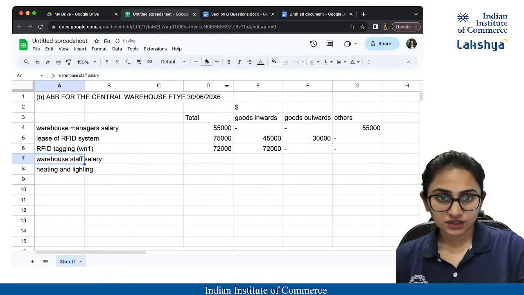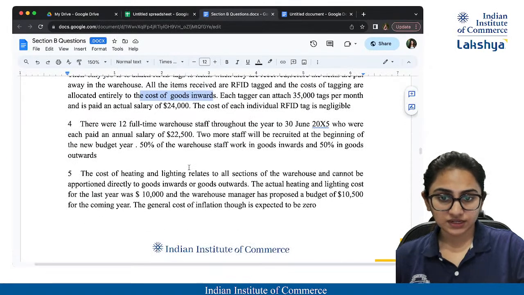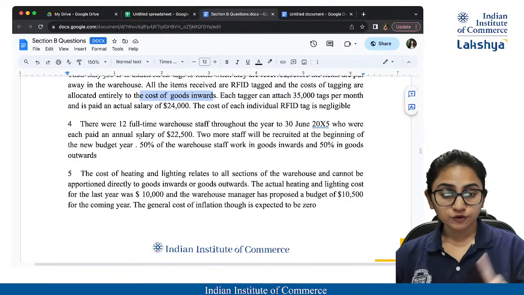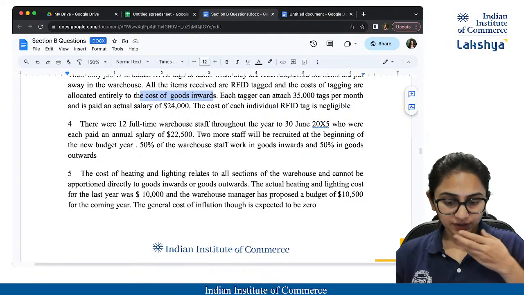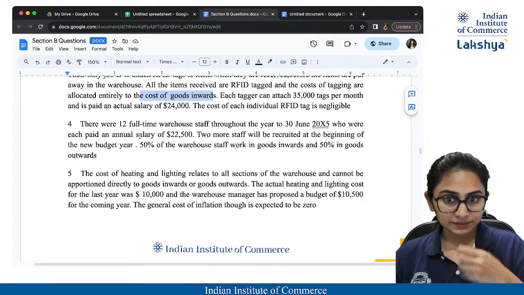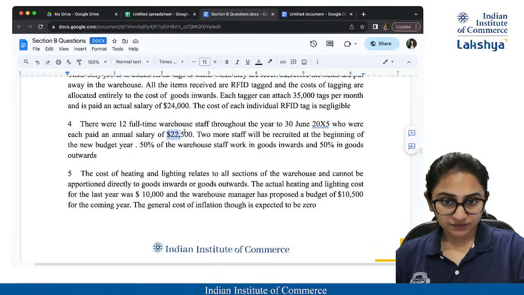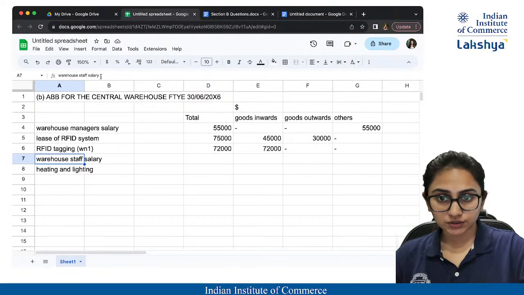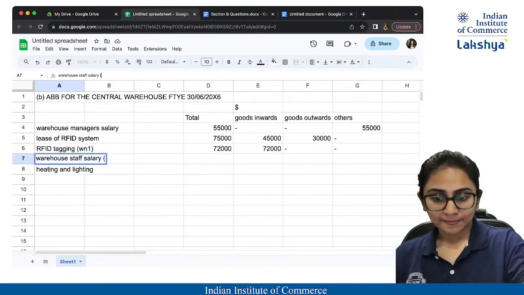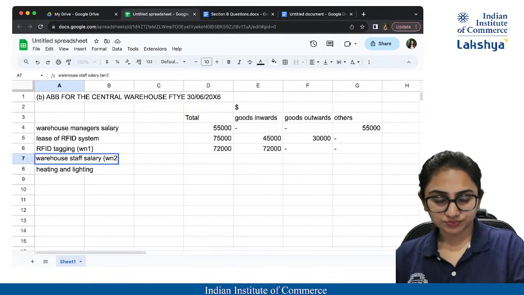Next is warehouse staff salary. What they've said about warehouse staff salary. There are 12 full-time and 2 more staff, and the salary that you're going to pay them is 22,500. So first let's calculate the salary. So this will be working note 2.